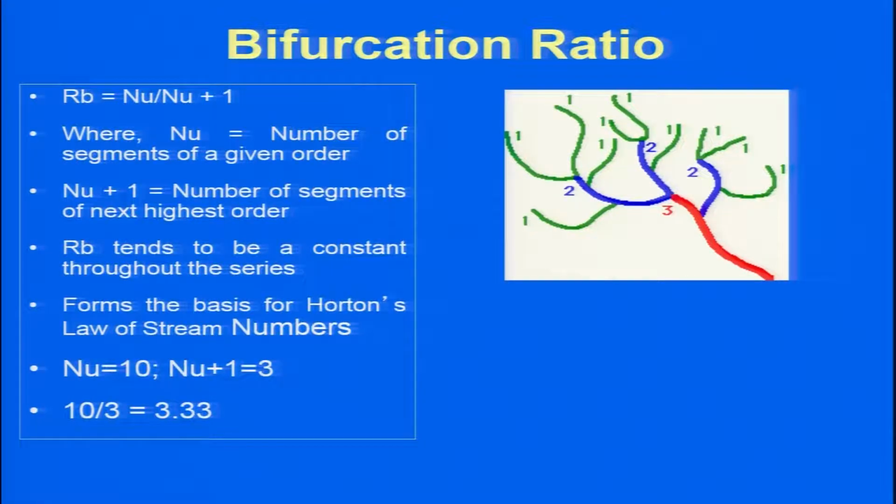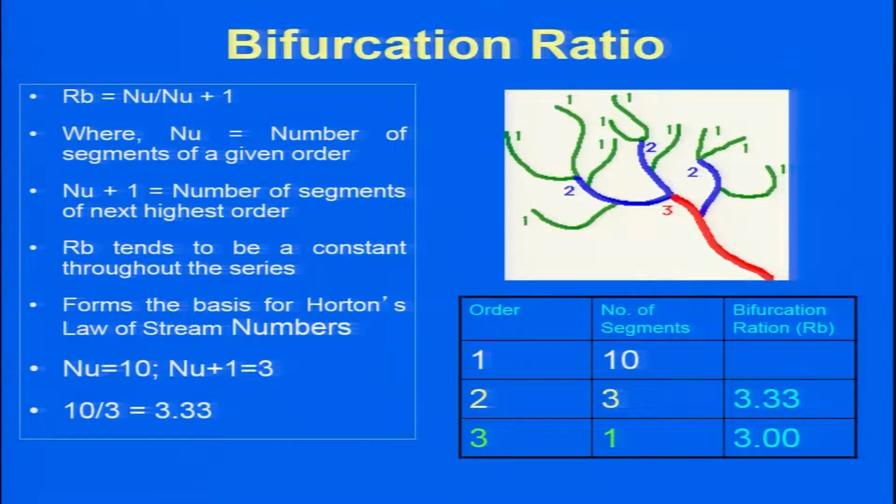So usually what we understand is if you are having a high bifurcation ratio, then you will have high discharge, and if you are having a low bifurcation ratio, then you will have low discharge. But again, it will depend on the shape of the basin. So this is just the correlation given between the lower order and the ratio to the next higher order. So that is what we see over here.